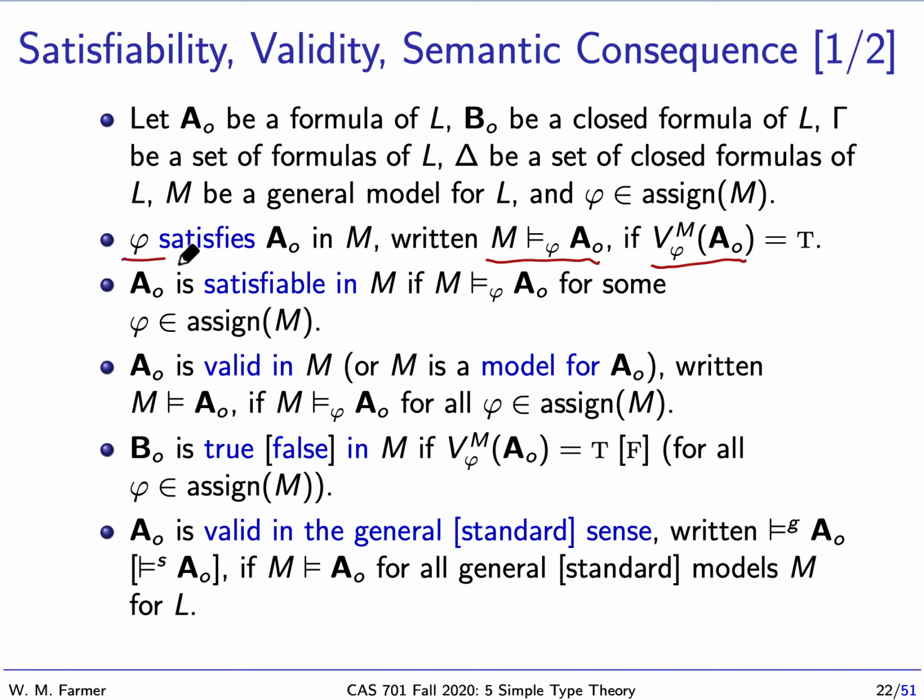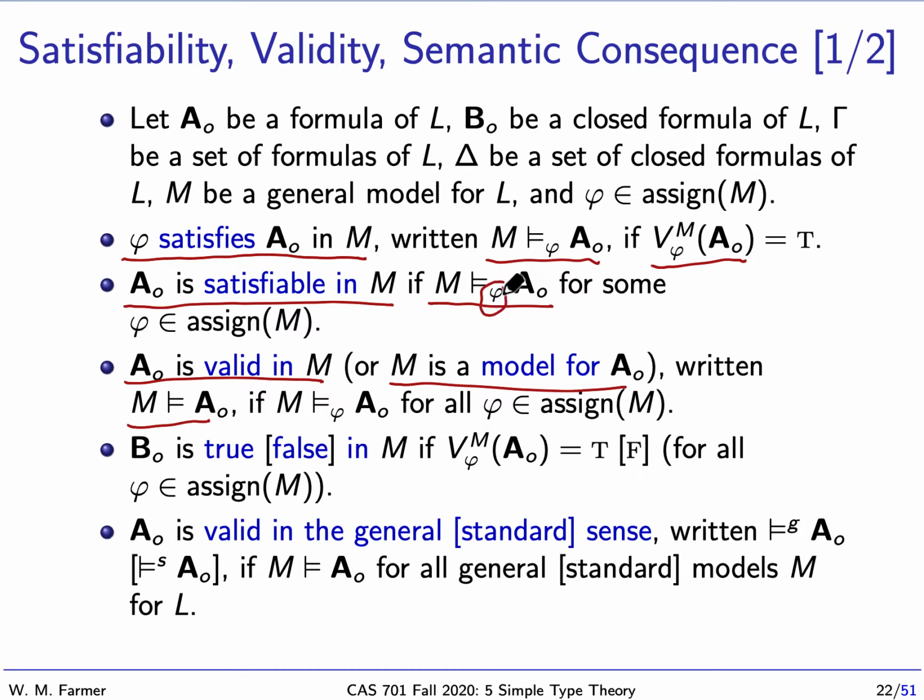So that's phi satisfies A in M. A is satisfiable in M if this is the case for some phi, and we say A is valid in M, or we can also say that M is a model for A, which we write like this.